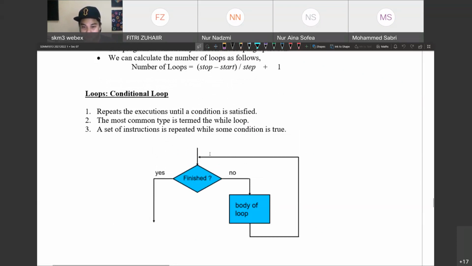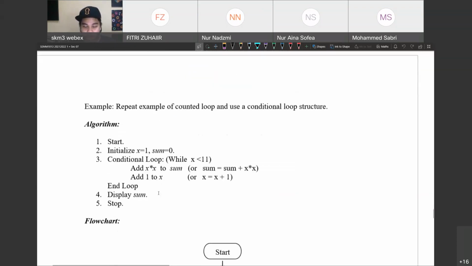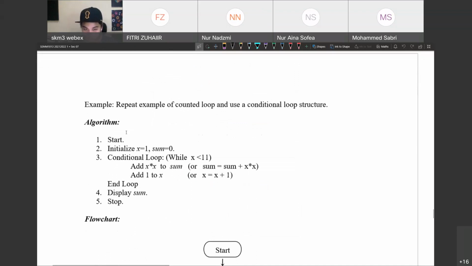Okay, this is good. You have the input, and then you have the condition here. If the condition is not met, you have to run, running until the condition has been met. If the condition has been met, it will go to yes. So this is just an example.